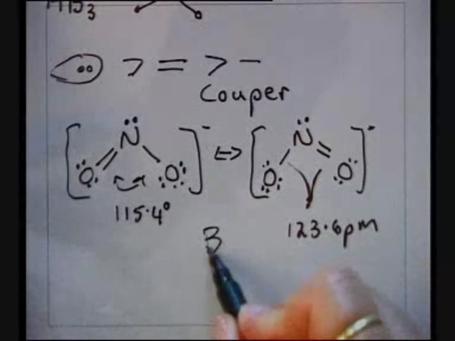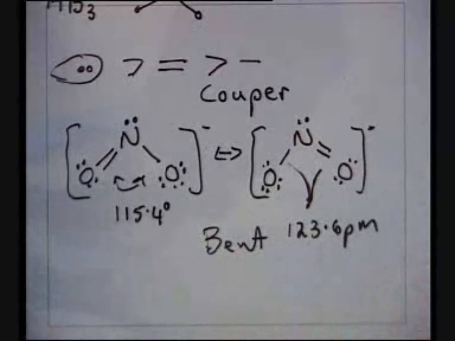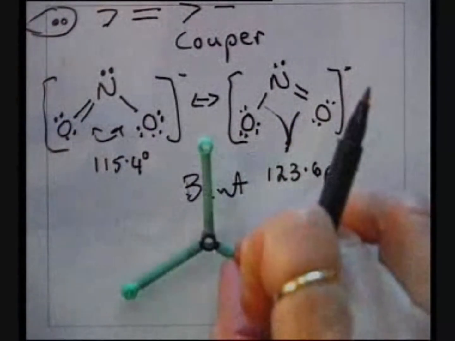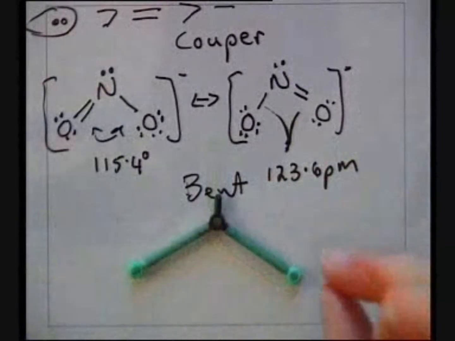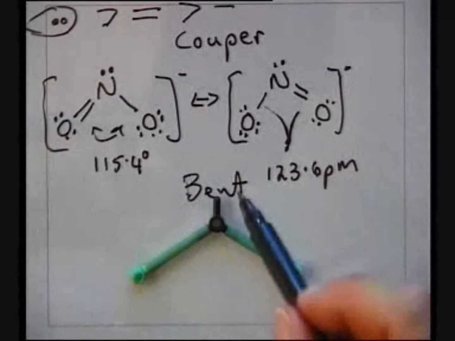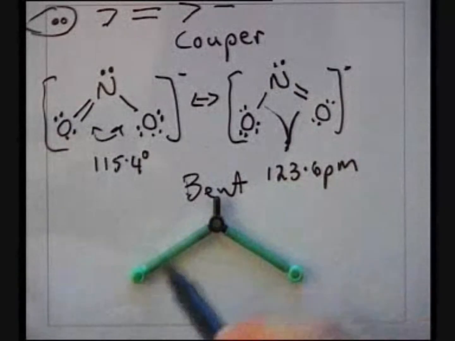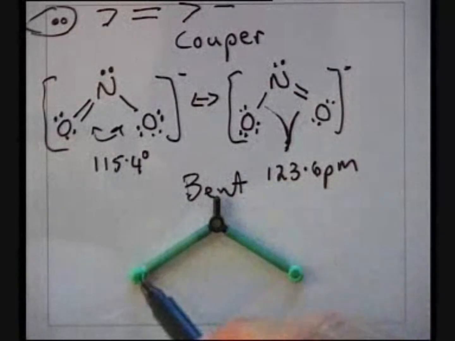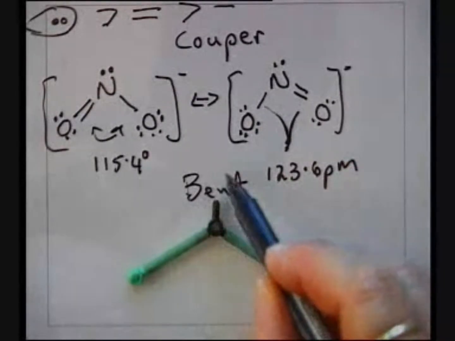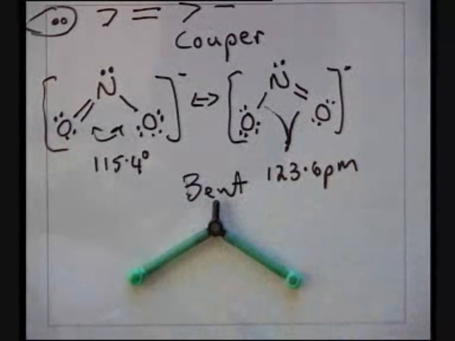The molecular geometry is then bent, because the molecular geometry will depend on the presence of the nuclei. We start with an electron pair geometry trigonal planar, but our molecular geometry is bent because we move from nucleus to nucleus to nucleus, and we've got a lone pair on the central atom.